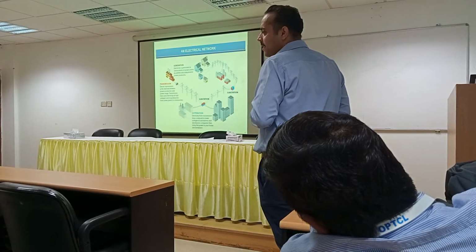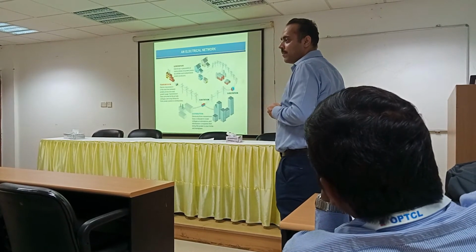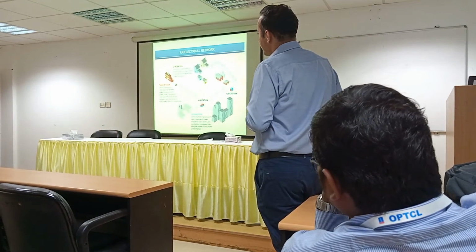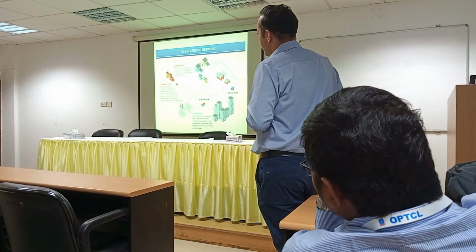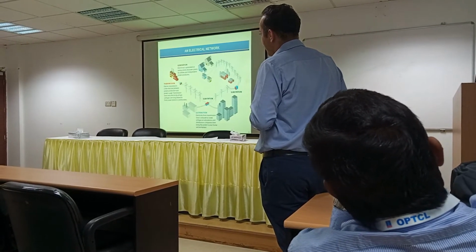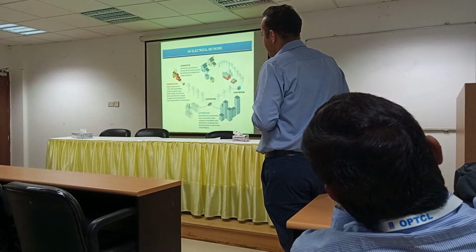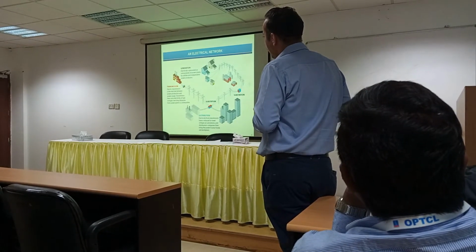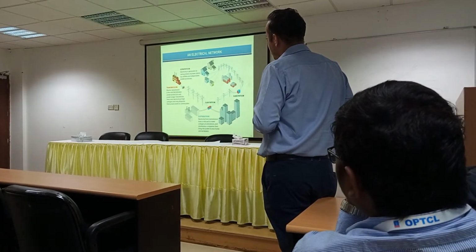Now in between, some industries may be set up, and some utilities say we need power. For example, 400 kV power will be coming from this step-up transformer. This is a substation, we are having 11 kV to 220 kV, and 220 kV power will flow from this portion to this portion.